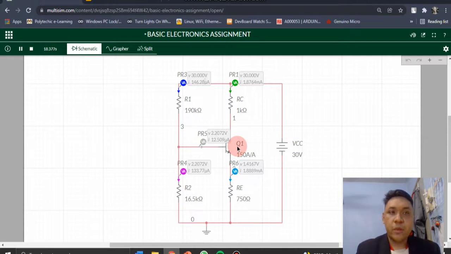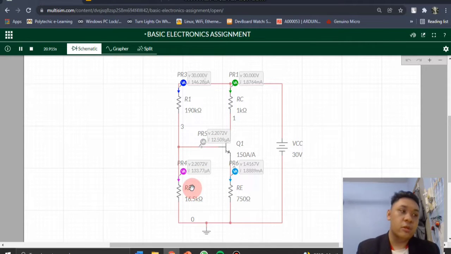So I assume that the voltage at VE is 1.5 volt, then plus VBE. So I got 2.2 volt over here. So the next step is to find the R2 first.